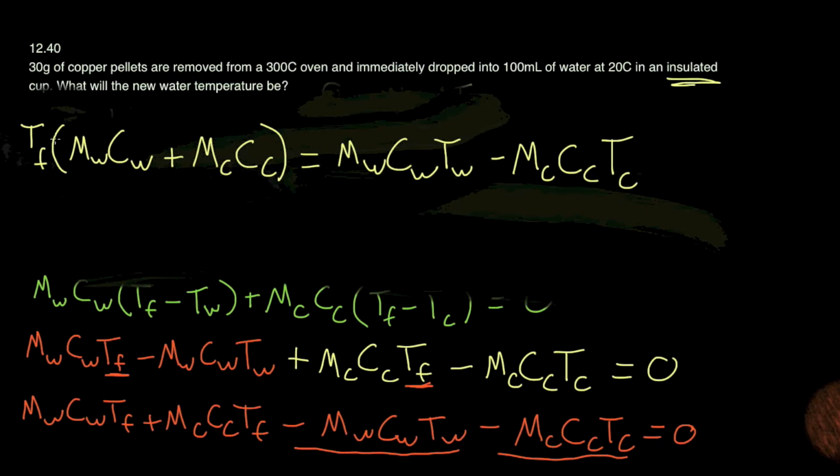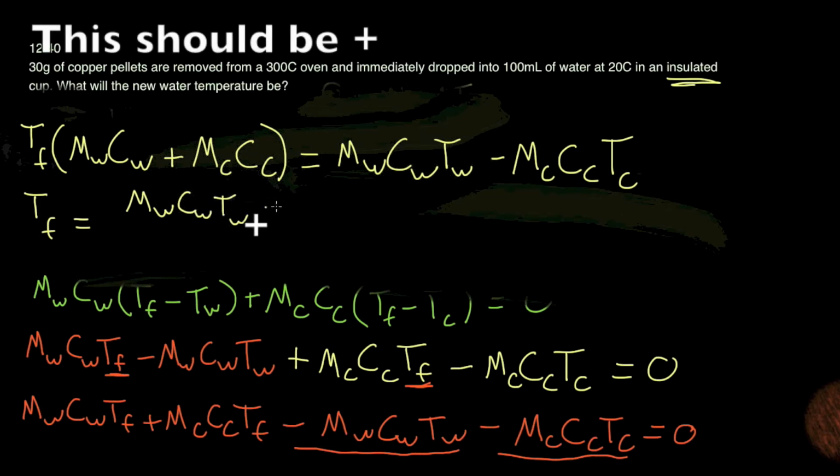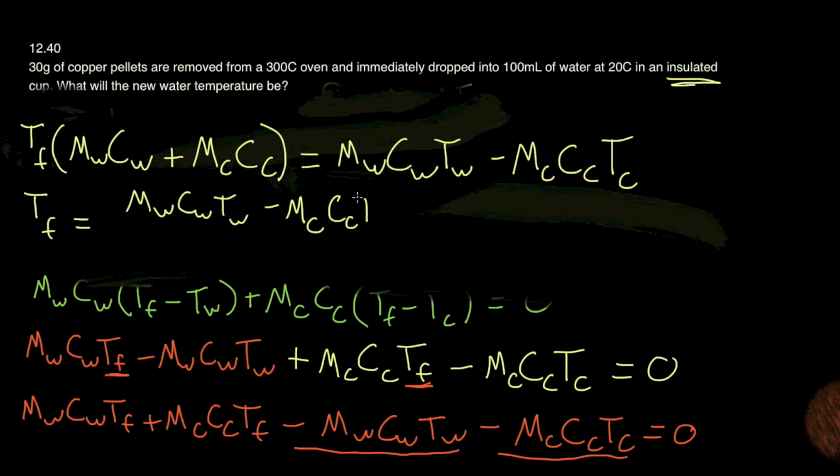Okay, so now all I have to do is just divide both sides by this over here, and I finally isolate my T sub F. Equal to m sub W, c sub W, T sub W minus m sub C, c sub C, T sub C, all over m sub W, c sub W plus m sub C, c sub C. And so we know all this, right?